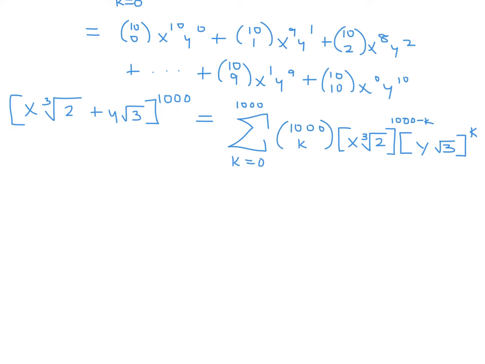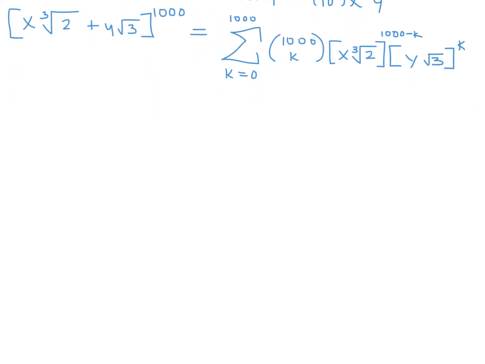All right, so let's see what we can get when we try to expand and simplify. So this is going to be the sum from k equals 0 to 1000, 1000 choose k, and x to the power of 1000 minus k. This is the cube root, right? So it's 2 to the power of 1/3, correct?